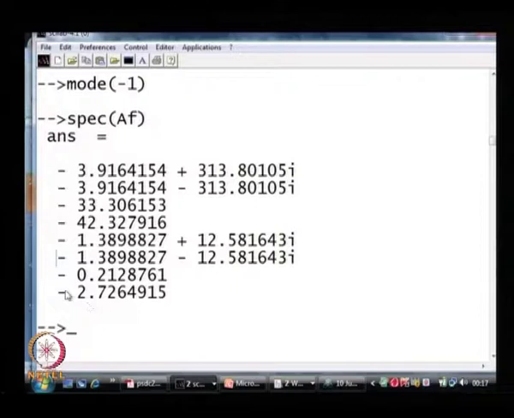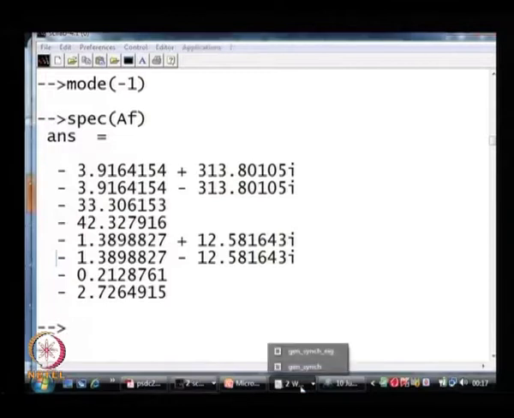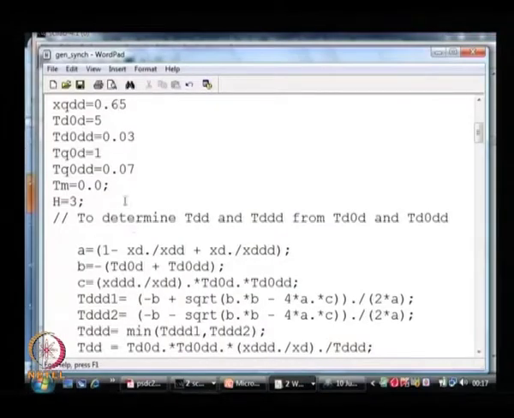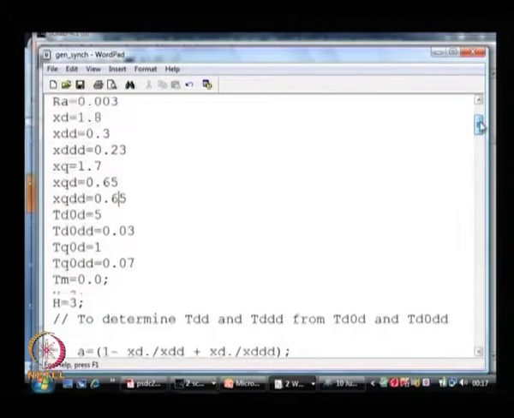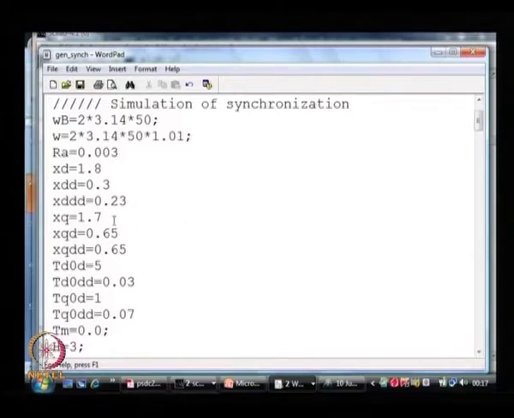Okay. Now, if you look at the behavior of a 1.0 model synchronous machine, so what I do is in this generators program, to get 1.0 model, what I need to do is set first x t double dash is equal to x t dash. That is what I have done first.